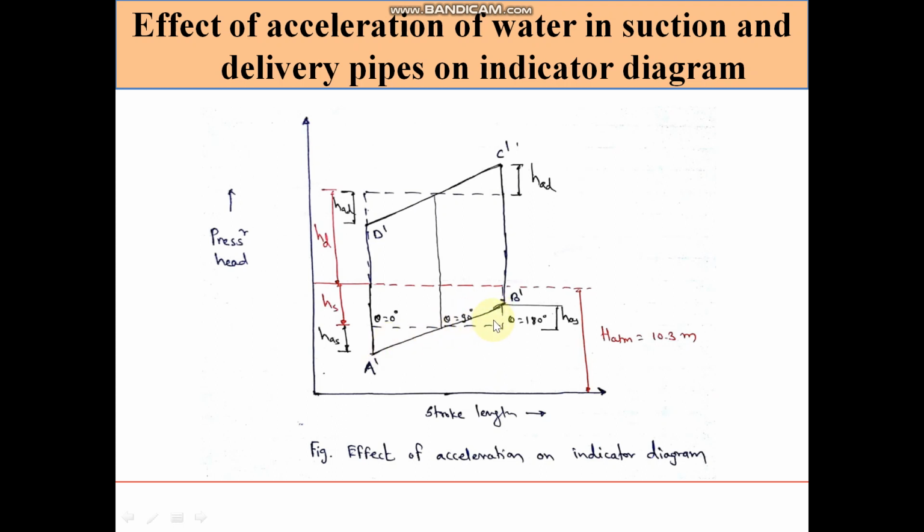So these two areas become same, as well as here towards left of this point, whatever area is occupied, the same area is occupied over here. So the area under the curve is not going to change, means the work done by the reciprocating pump when considering the acceleration of water remains the same. Thank you.